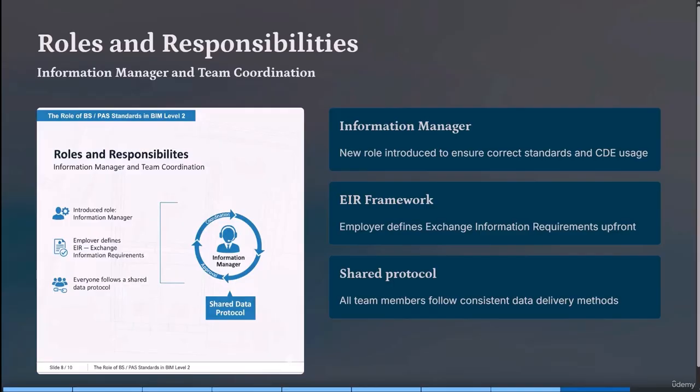Actually, don't get the Information Manager wrong, since it is different from the BIM Manager, and it is a very important role. One of the main responsibilities of the Information Manager is CDE management, to ensure that the files are reviewed and uploaded correctly. The next is controlling documents and permissions.